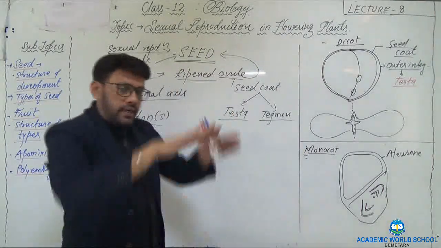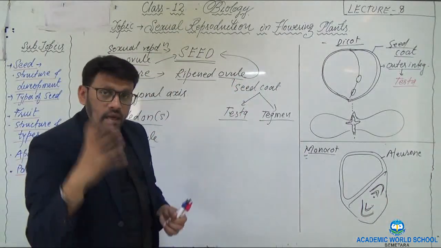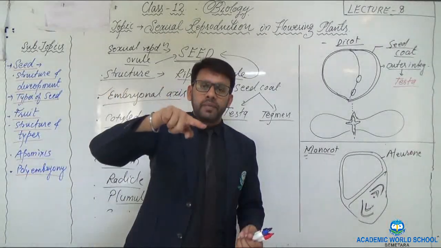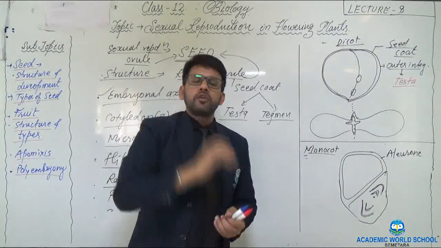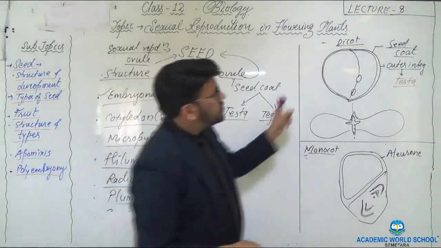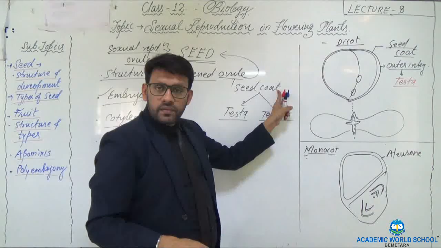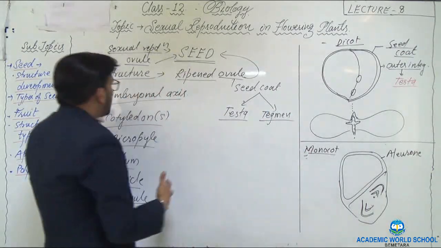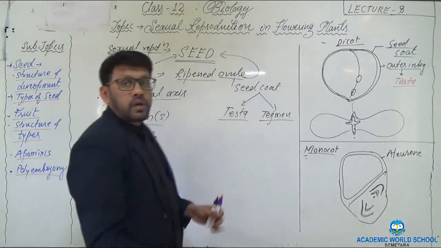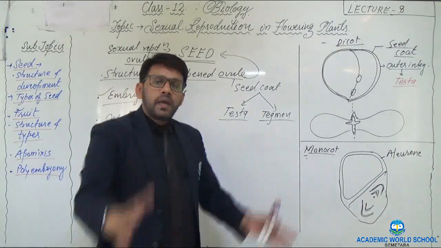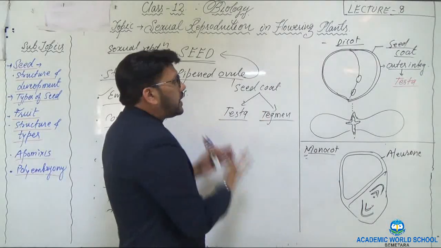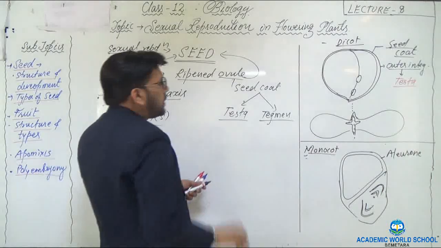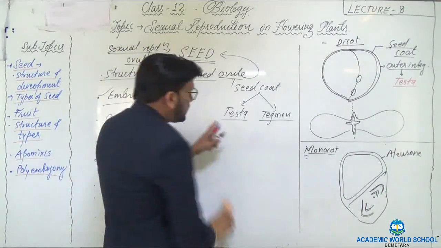So the seed coat is the outer hard covering. The outer integuments of the ovule harden and change into the seed coat. This seed coat protects the cotyledons and the embryonal cells, or it protects the germinating part of the seeds. Yes? So it is clear to you?